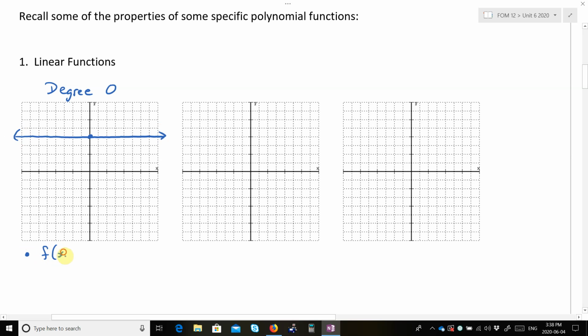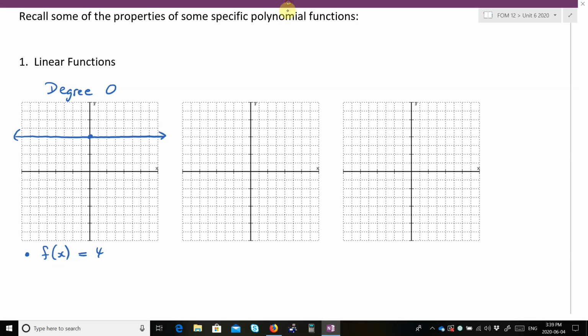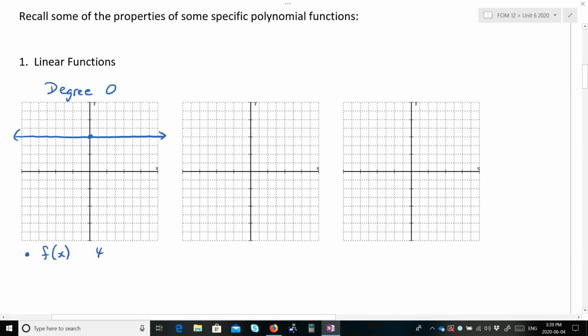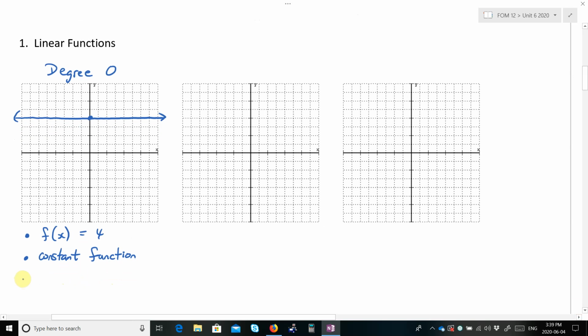For example, the one that I graphed there is f of x equals 4, y equals 4 all the time. This type of function is called a constant function, and it has a slope of 0.